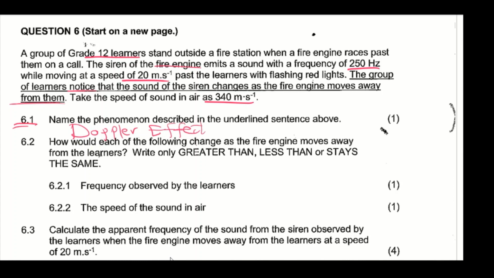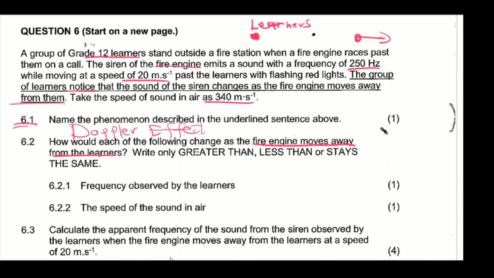And then 6.2 says: how would each of the following change as the fire engine moves away from the learners? So let's say, for example, these are the learners. This point here is the learners, and this is the fire engine moving in that direction.